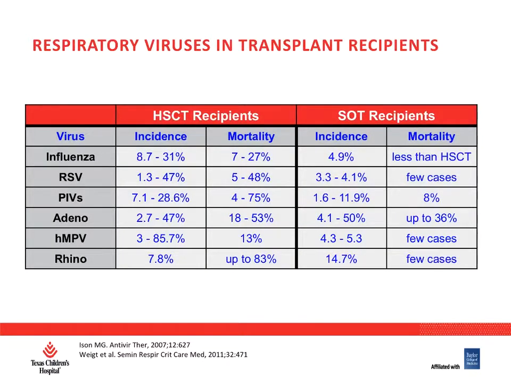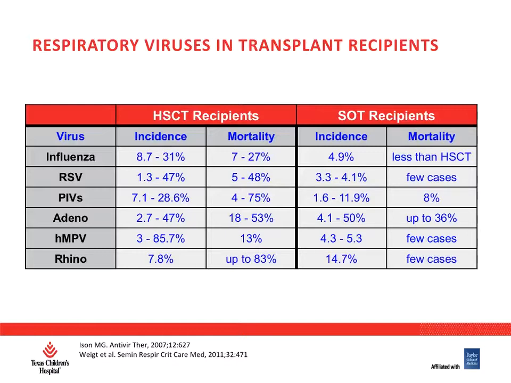So when we look at all of these different types of respiratory viruses, on one end of the spectrum are our immune-compromised patients, for example stem cell transplant or solid organ transplant recipients. It's really important that we make an accurate diagnosis because these are very vulnerable populations.